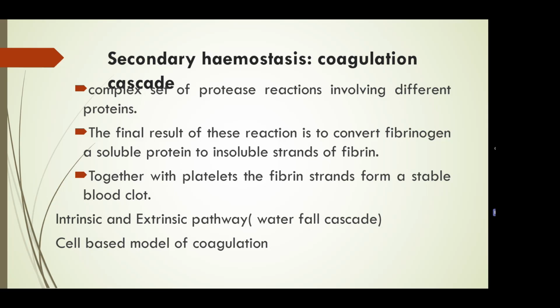So the secondary coagulation mechanisms can be described by two models. Initially, we used to describe it using the intrinsic and the extrinsic pathway, or what they call the waterfall cascade, or it can be described using the cell-based model of coagulation. Either of these two can be used to describe the secondary hemostatic coagulation.